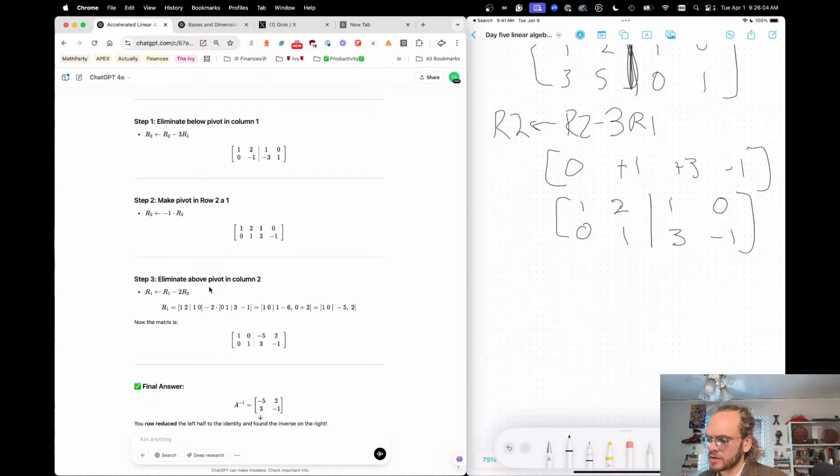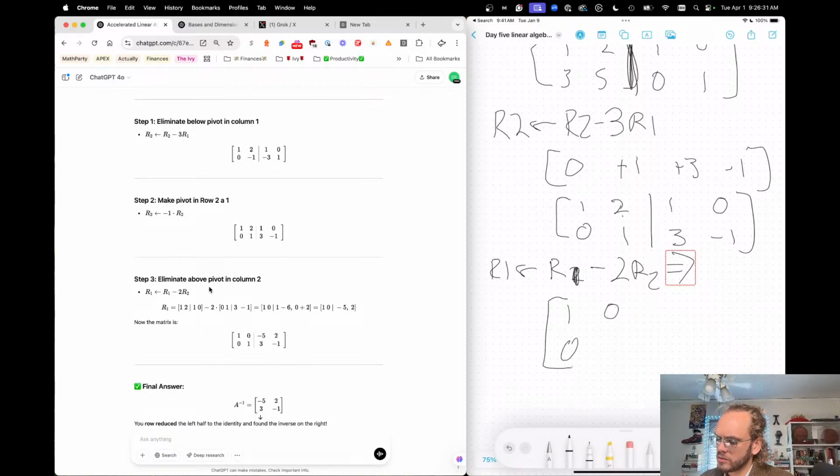And so then this top row, I want to go R1 is going to be R1 minus 2 R2. So we'll get rid of this 2 right here. So that's going to give me a new matrix that looks like 1, 0, 0, 1.